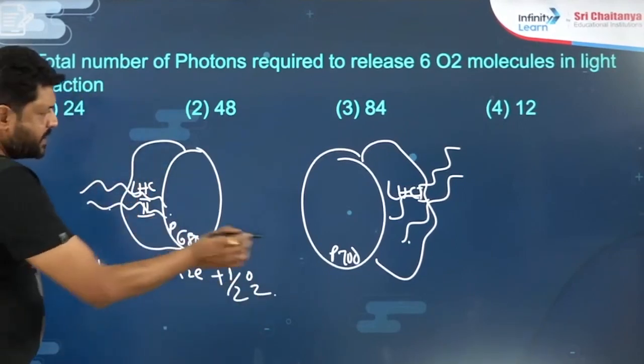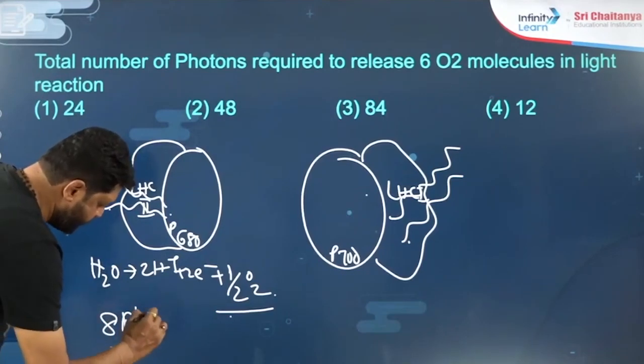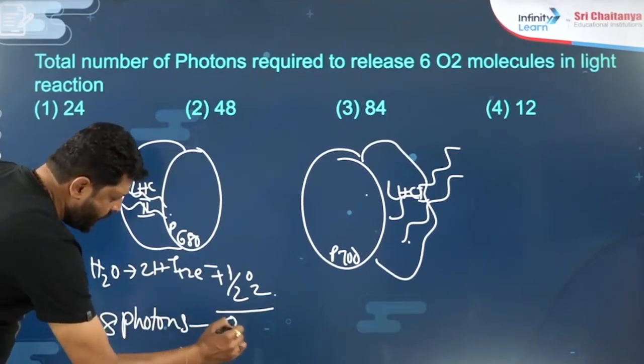So 4 photons of light give half O2, then 8 photons of light give 1 O2.